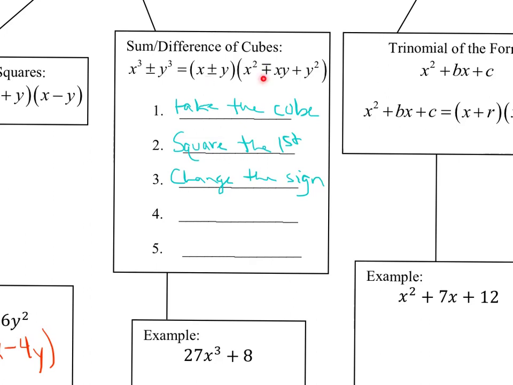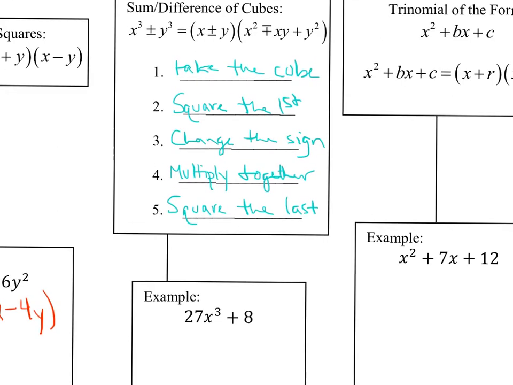If it was a minus, it becomes a plus. After you change the sign, you're going to multiply together. If you multiply together, you just take x times y and you get xy. And then the last one is going to be to square the last. If I square the last term, I'm going to get y squared.